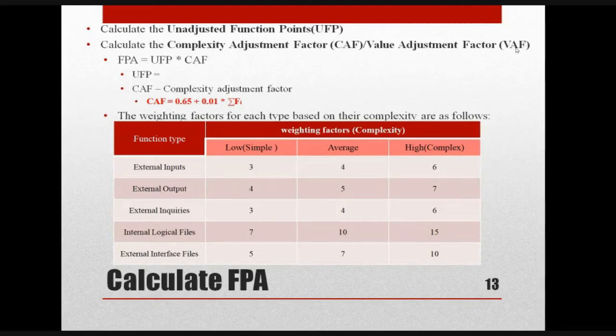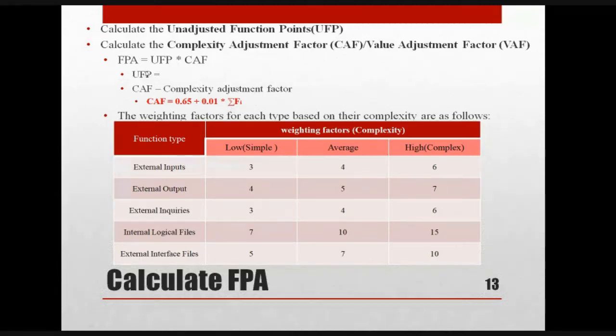Fine. And how to calculate this UFP? Let us see what is the UFP, and then how to calculate the CAF. For calculating the CAF, this is the formula: 0.65 plus 0.01 into summation of Fi. What is the summation of Fi? Let us discuss, don't worry.